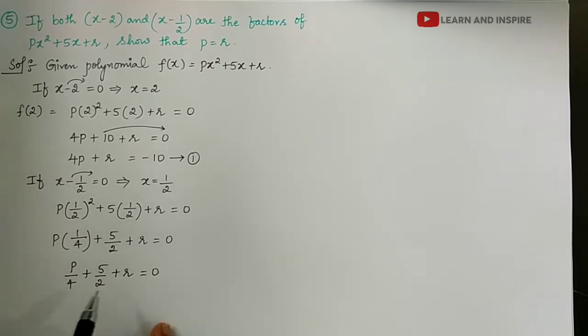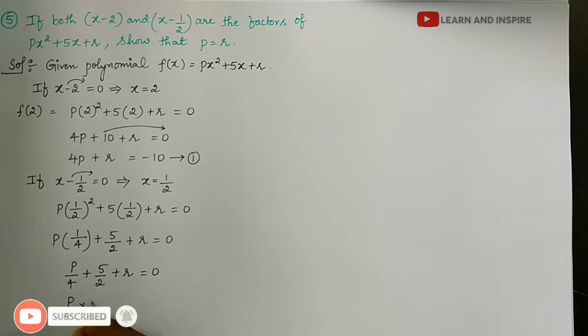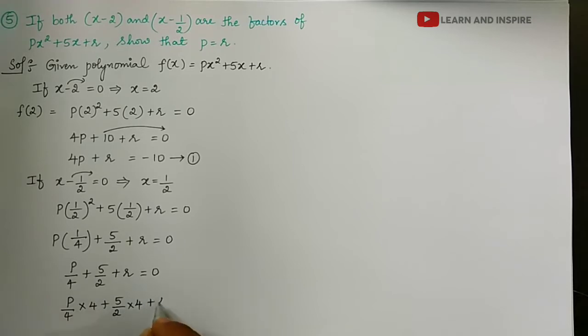What is the LCM of 2 and 4? It is 4. Now I multiply each term with 4: p by 4 into 4, plus 5 by 2 into 4, plus 4 into r, divided by 4, equals 0. Understood? Now cancel 4 and 4, and 2 ones are 2, twos are.